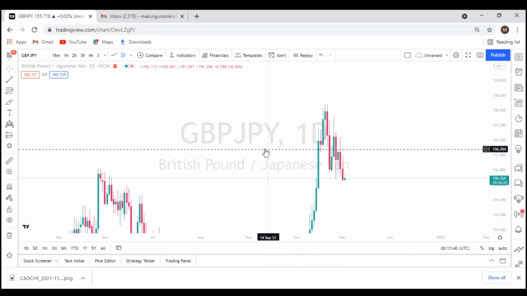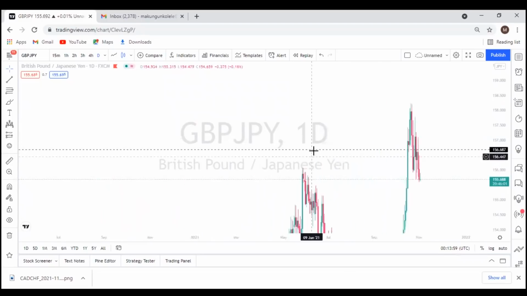So down inside, back inside our channel here, within the lowest low and the highest high. So that's our channel. So it broke out of our channel. It then dipped back in, retested. Now it's going back in.